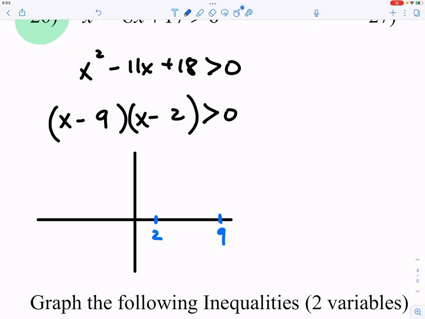And with the standard form at the very beginning, you also know that the y-intercept is way up there at 18. So you can draw the graph very easily. And what do we want? We want the graph that is greater than 0, above the x-axis. So which part of the graph is above the x-axis?